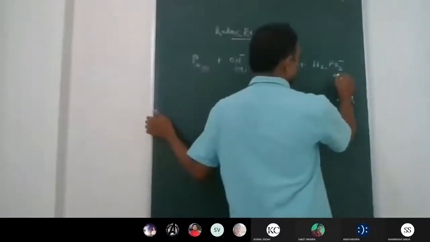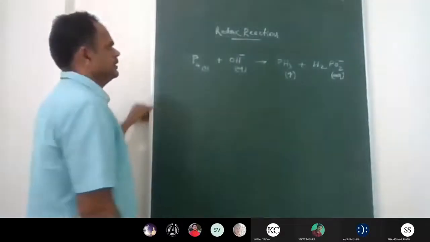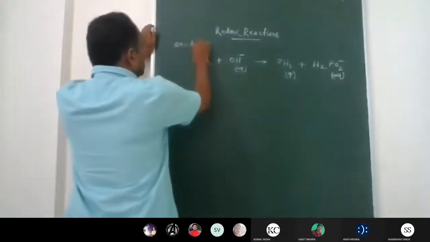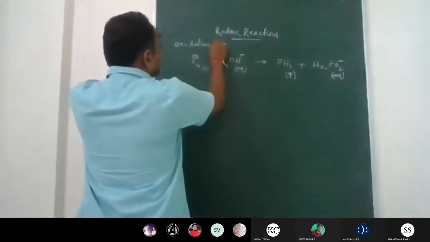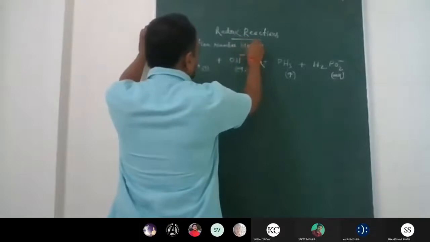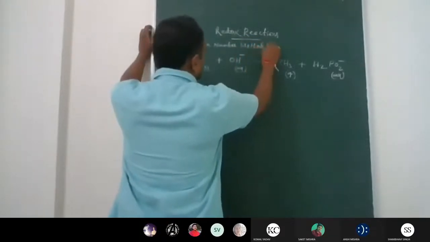This is AQ. So by using the oxidation number method, we have to balance.